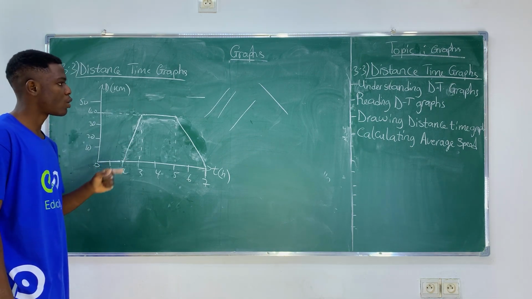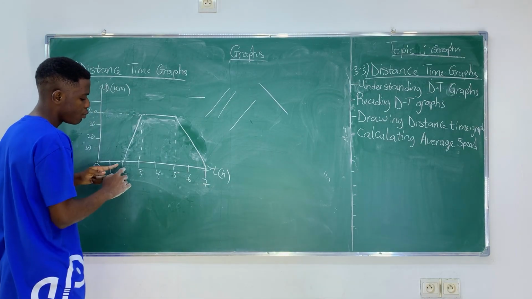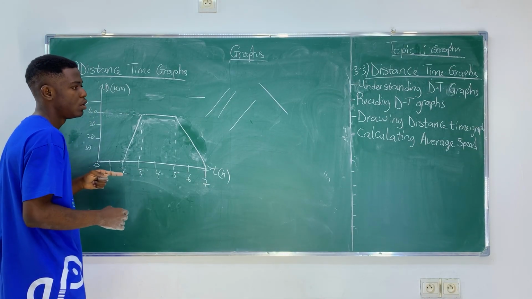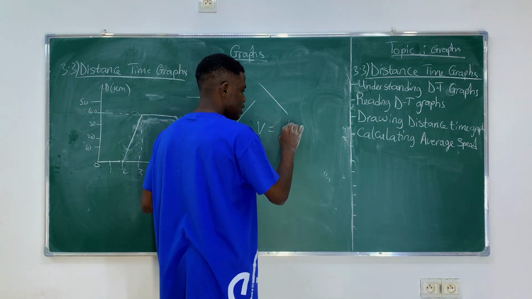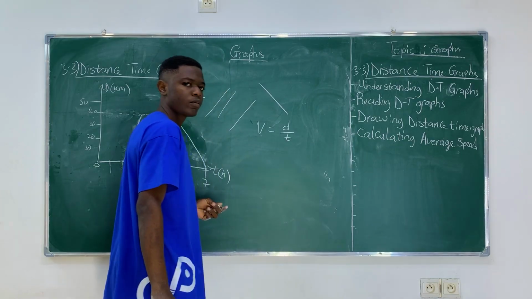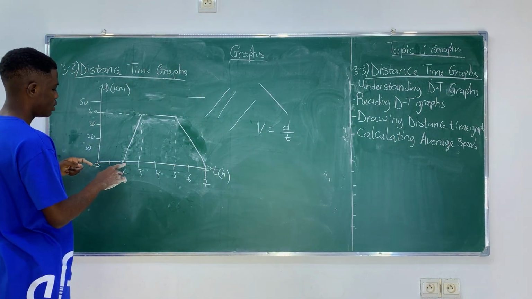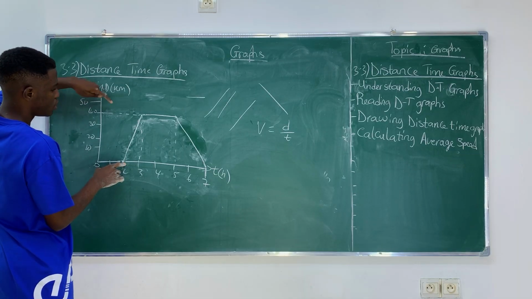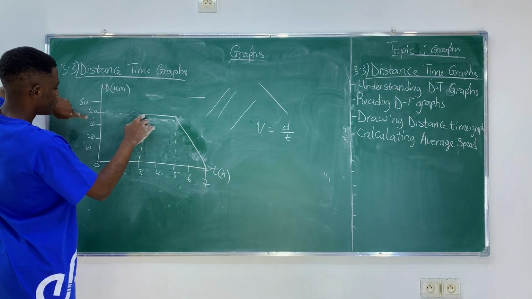So what is the value of that constant speed? It moved from the second hour to the third hour, from 2 to 3. What is the formula for speed? Speed, v is equal to distance over time. So from 2 to 3, what was the distance? The distance was from 0 here to 40.